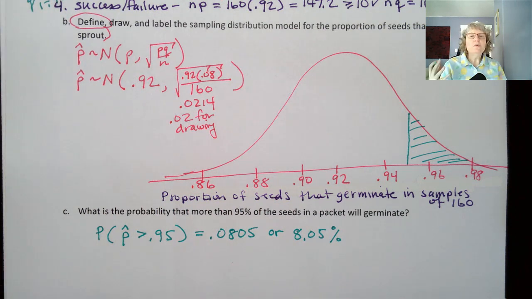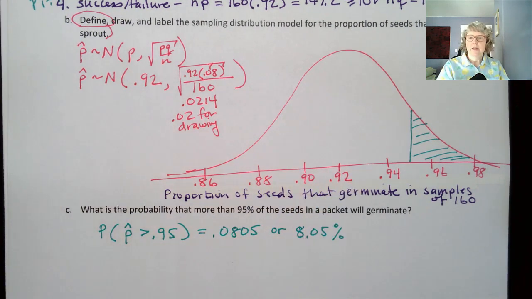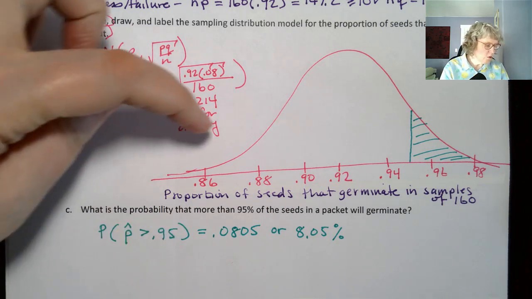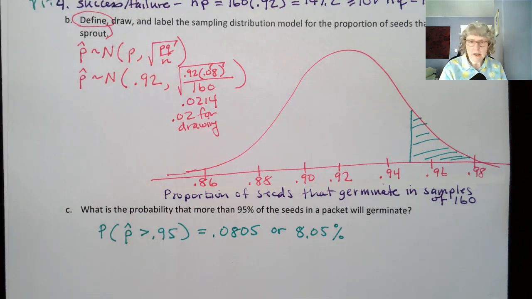Okay, so before we did this in a sampling distribution, remember? Each sample would be a dot on our dot plot. We do about 2,000 samples, and it would usually form a normal shaped curve. And then we would count the dots, right? How many samples were over 95% that would germinate?